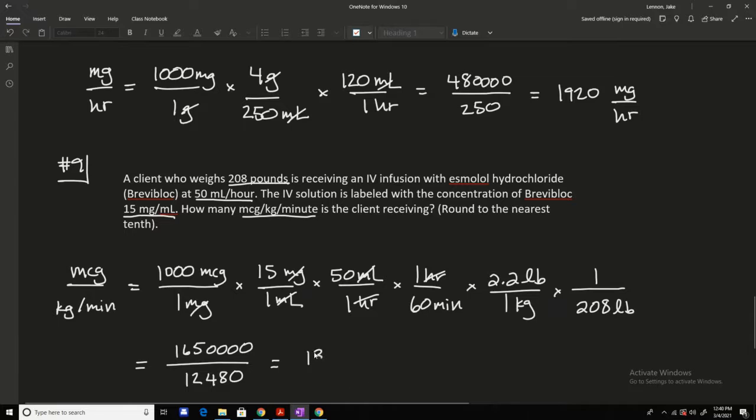So we end up with 132 nearest tenth. So this rounds to 0.2, and that's micrograms per kilogram per minute.